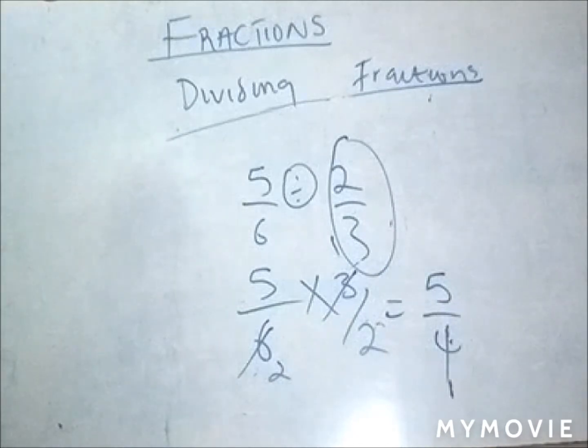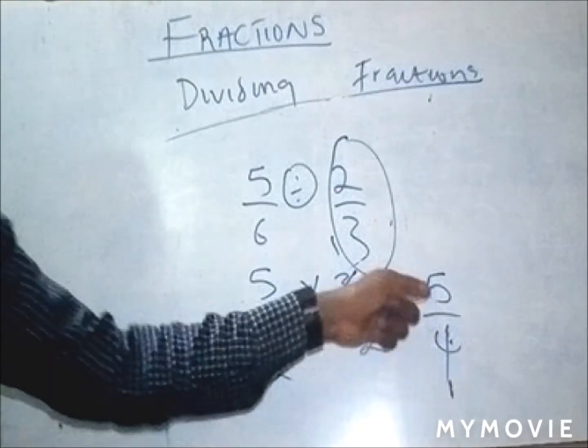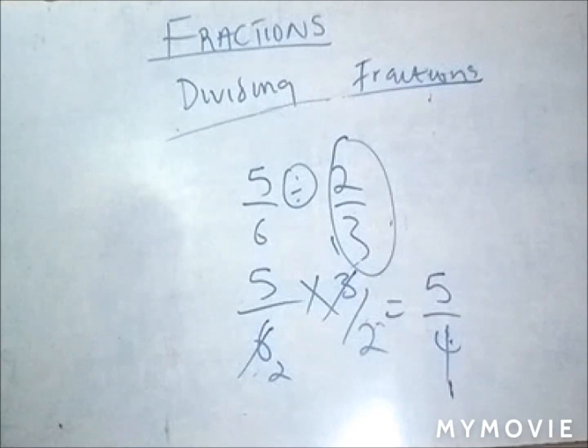5/4. You notice this is an improper fraction because we have a larger numerator and a lower denominator. So we're going to be changing this to a mixed fraction. I didn't mention how we change to a mixed fraction, but I'm just going to show you. You normally use the long division method.